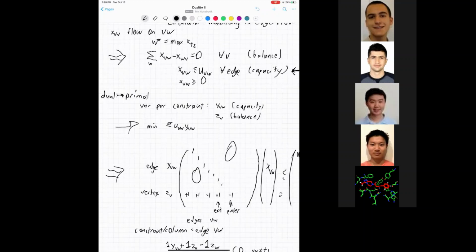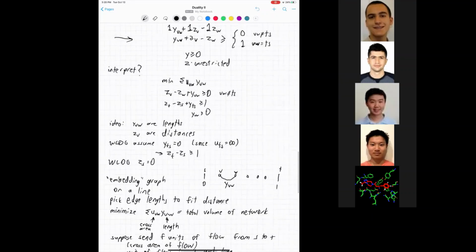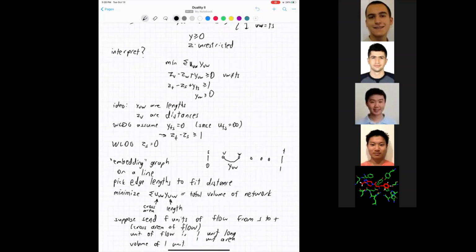we know that whatever flow I send through that network, each unit of flow is going to use up 1 unit of volume. Why does 1 unit of flow exactly consume 1 unit?